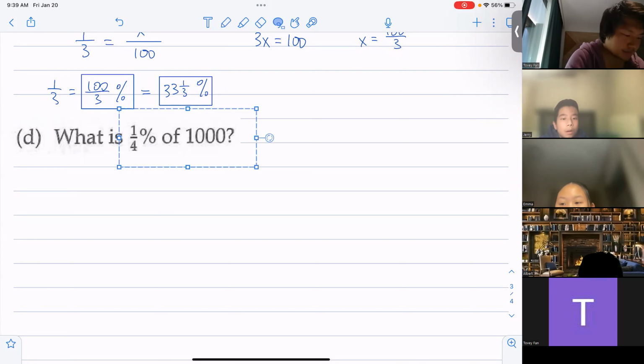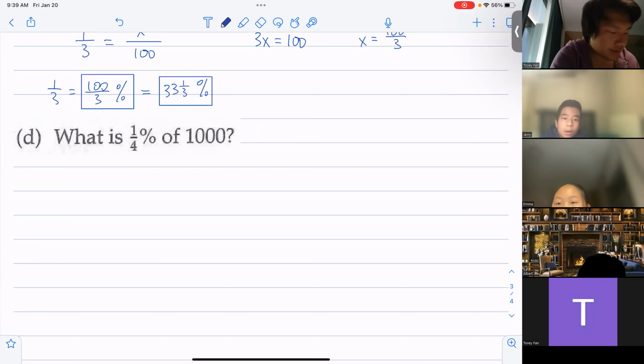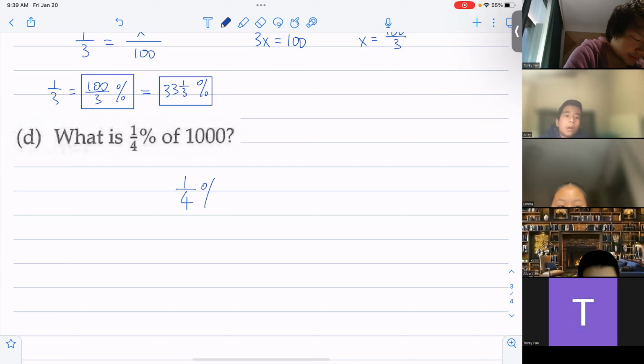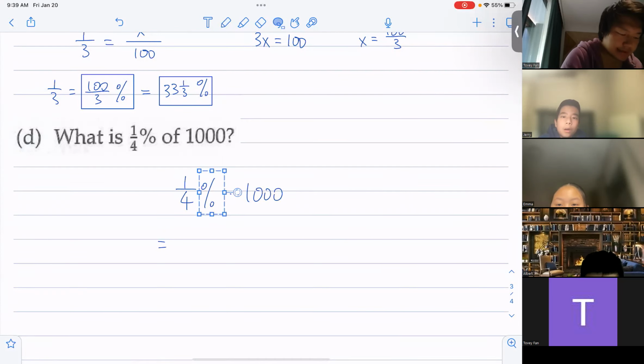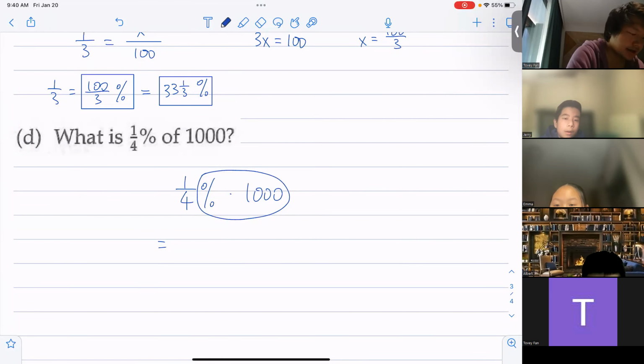When we multiply them, don't mistake 1/4 as 4. So when you write down your equation, 1/4% times 1,000. Recall that this percent mark is always over 100, so divided by 100.